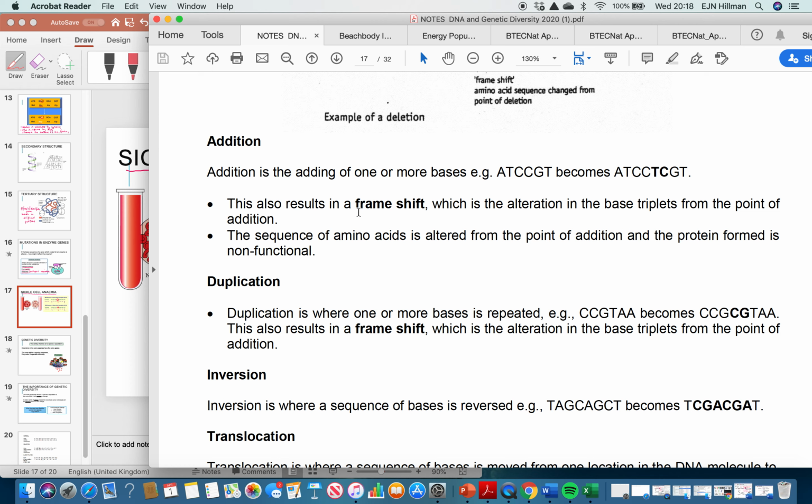And again, this would cause a frame shift, which means all of the base triplets from that point of the addition would be altered. Okay, so that means the sequence of amino acids is altered from the point of the addition, and the protein, again, is almost always non-functional.